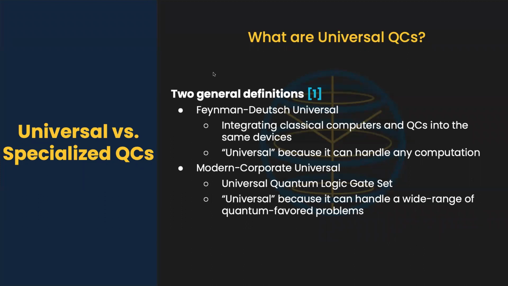They're not talking about integrating a classical computer and a quantum computer together. They're calling it universal because it can handle a wide range, and at the end of the day, what they're trying to get to is universal for all types of problems. So there are two different definitions of universal, and it can be a little unclear which one people mean when they bring it up.